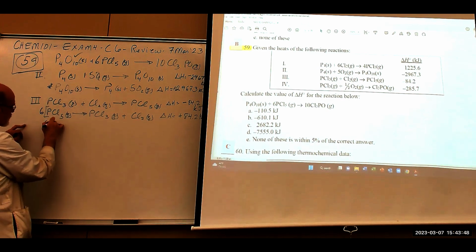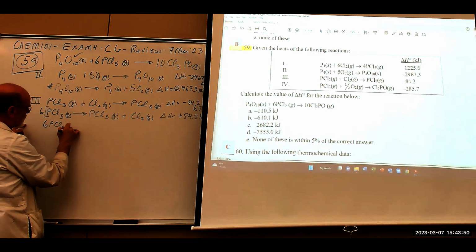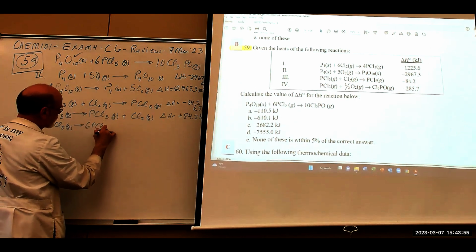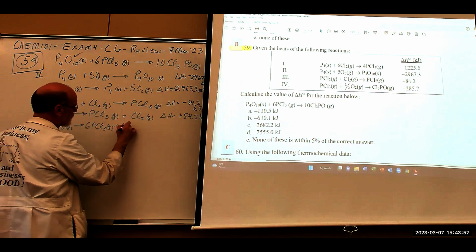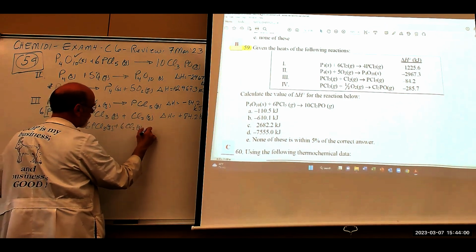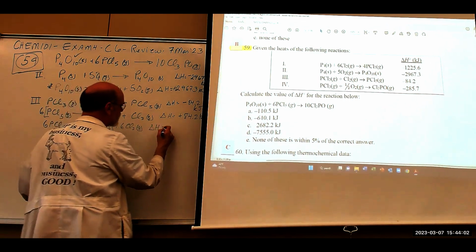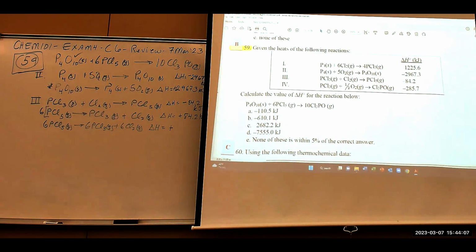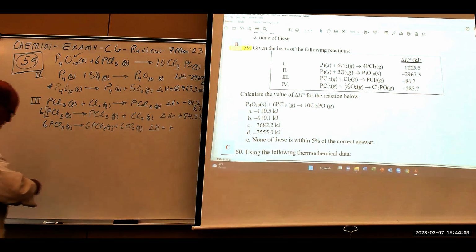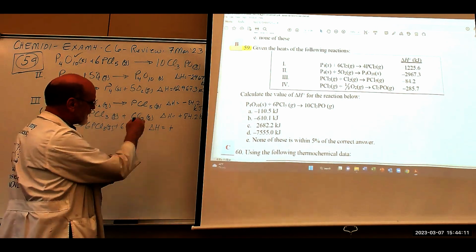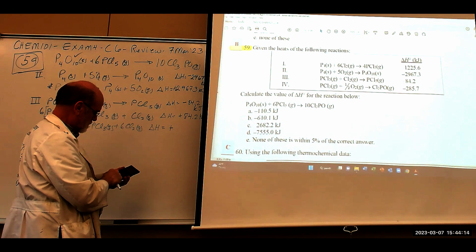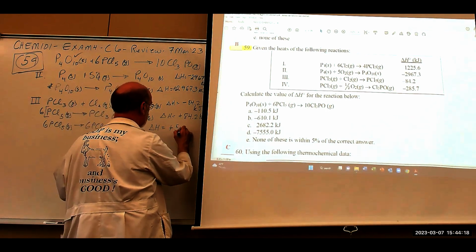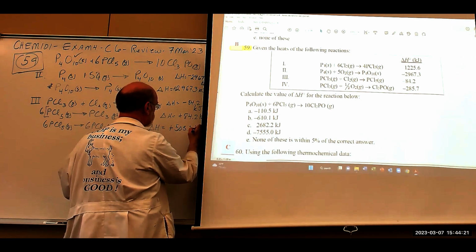So now we have 6 PCl5 gas yields 6 PCl3 gas plus 6 Cl2 gas, and the delta H is equal to plus 6 times 84.2, which is 505.2 kilojoules.